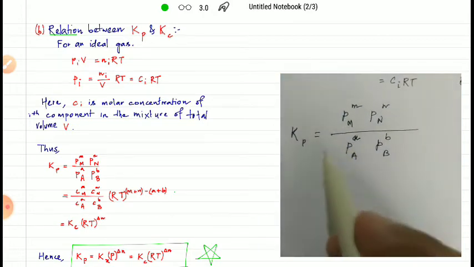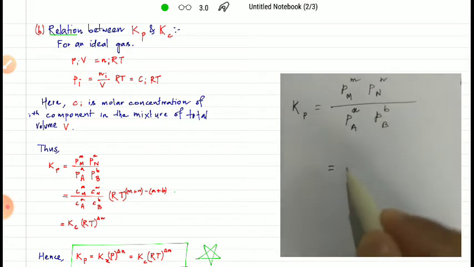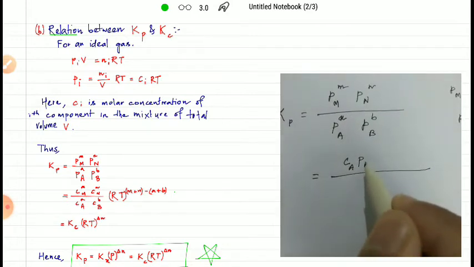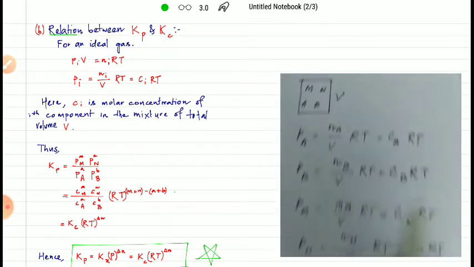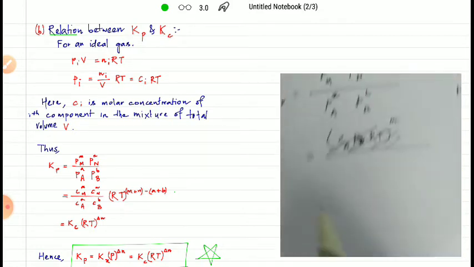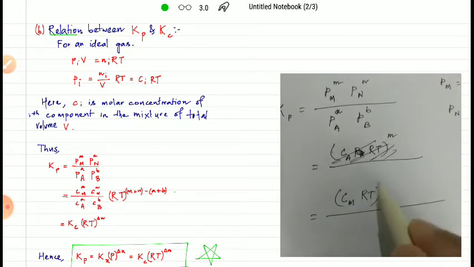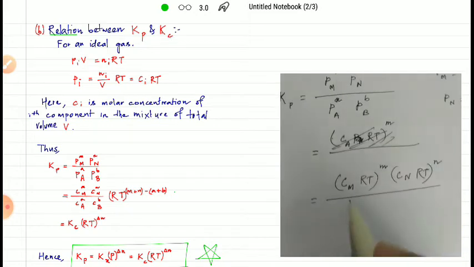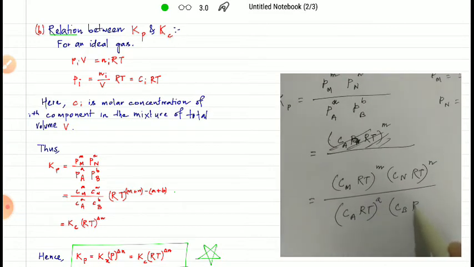So we put the values from the ideal gas equation: CM RT to the power m, CN RT to the power n, over CA RT to the power a, CB RT to the power b.